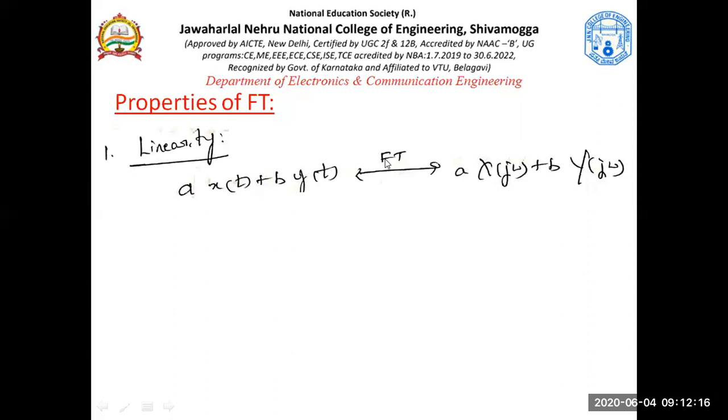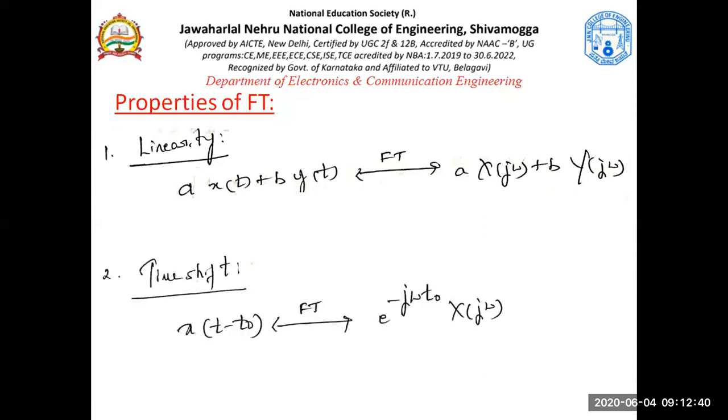So we are applying the transform only on the signals, which are functions of time, not on the scalars. So scalars can be separated, and we can apply the transforms on the signals. Okay, after that, this is how it is going to look. Now let's move on to the next property.